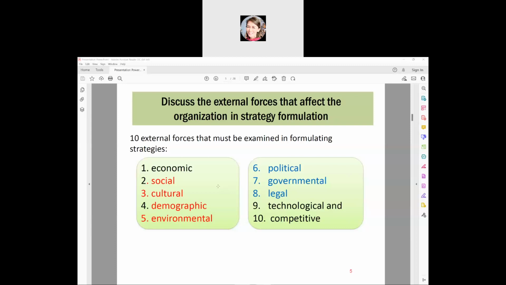Even how we purchase things has been affected as well. So it's our lifestyle. Our social status and personal choices have greatly influenced our purchase decisions in terms of what, where, and how we spend things. So this is one example of social forces.